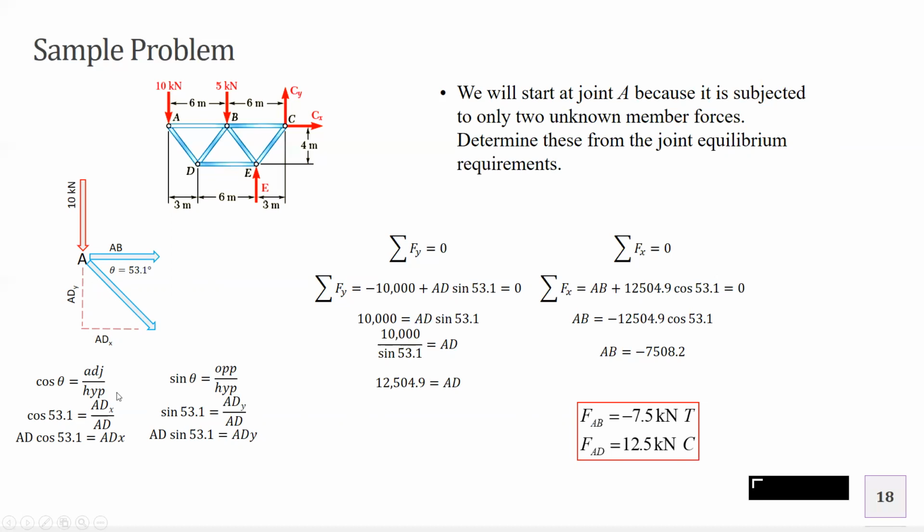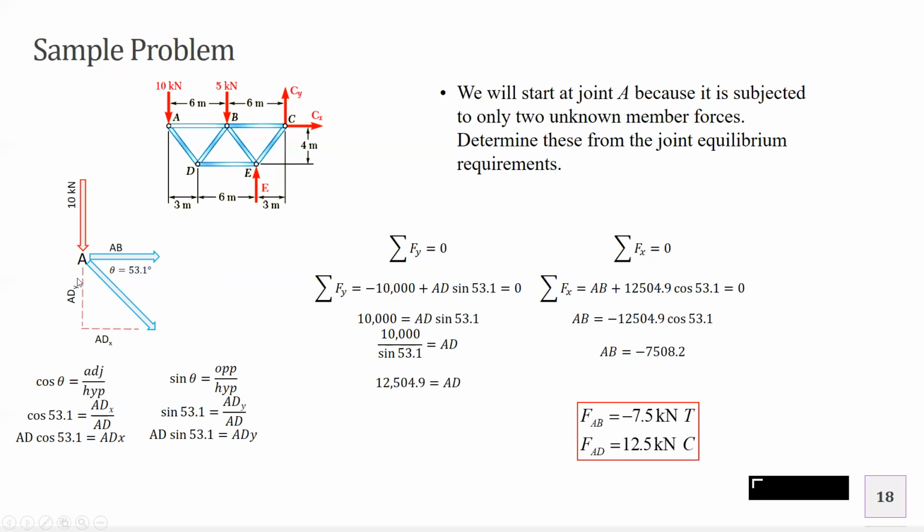Now, do not fret and worry about the fact of putting in unknowns. It's okay to put something that you don't know the value of yet and just leave it as some unknown value, such as ADX. Now I want to move this AD over so it's nice and linear. So AD cosine 53.1 is equal to ADX.